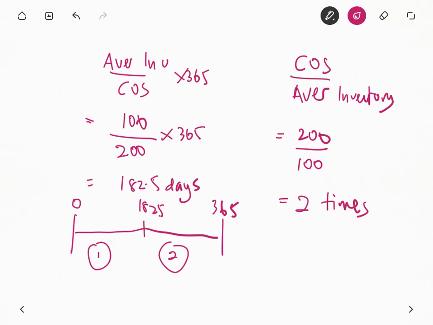So if I ask you, just now it's 182.5. What if my turnover is 30 days, 90 days? How many times turnover? Yes. Buy, hold 90 days, sell. Buy 90 days, sell. 1 year, how many times? 4 times.